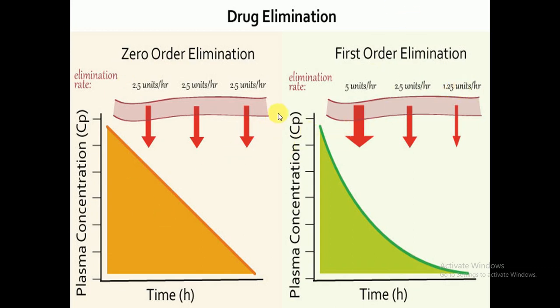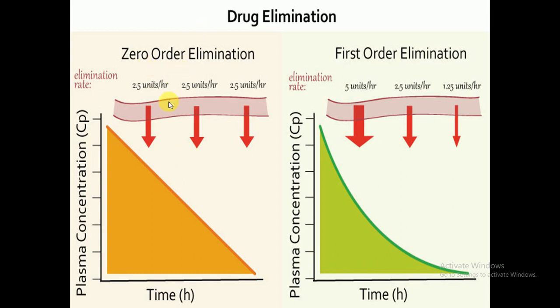Now look, if we compare the zero order elimination and first order elimination, this will be clear. This is the elimination rate and this is the time. Here the rate of reaction is independent of the concentration of the drug.